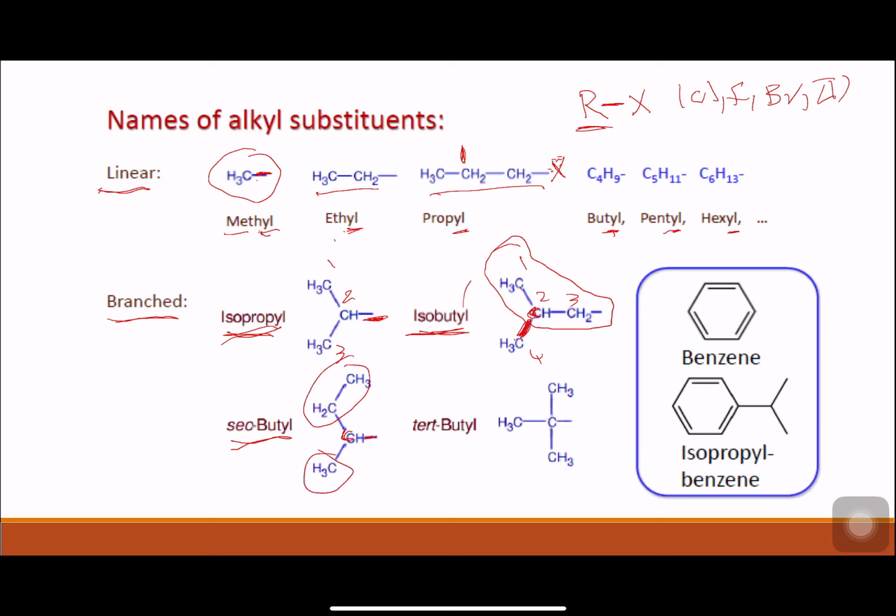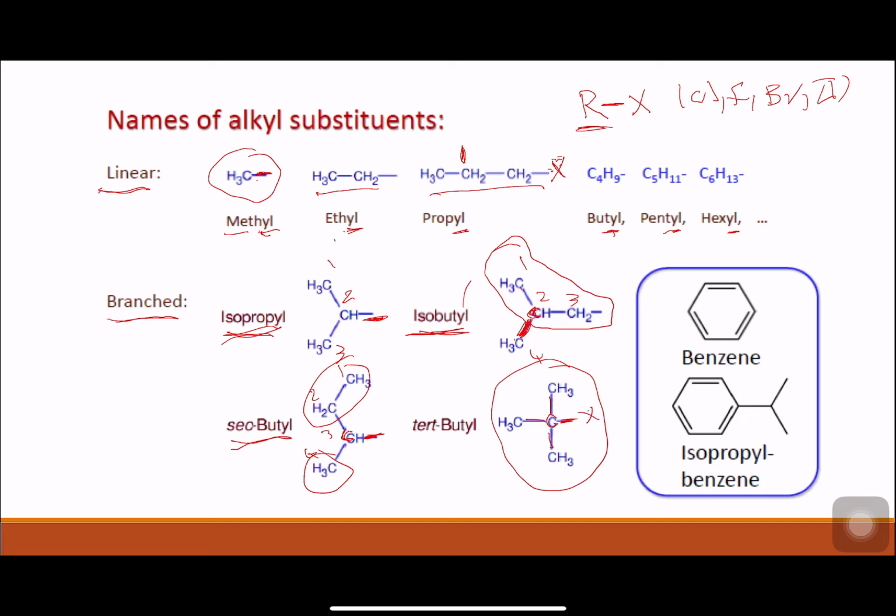So it's more like a straight chain with the connection at the second carbon. There is also the tertiary butyl. In the tertiary butyl, the carbon in the center is attached to three methyl groups, and the other bond is attached to the carbon in the center. So this is called the tertiary butyl.